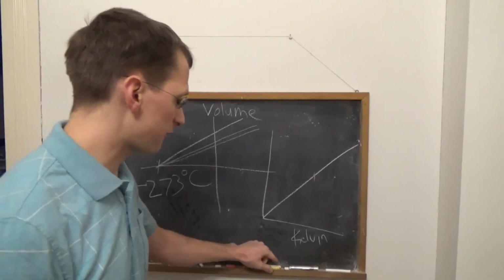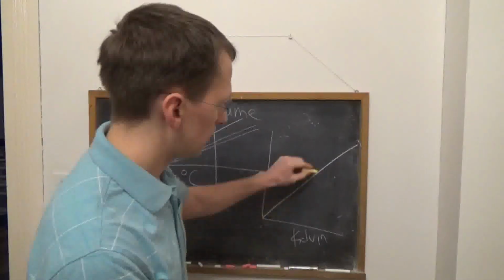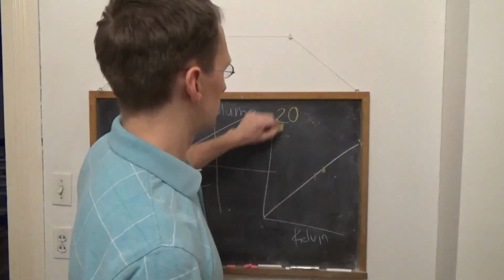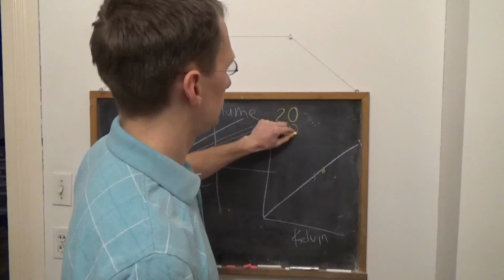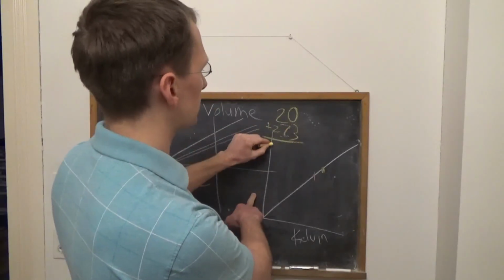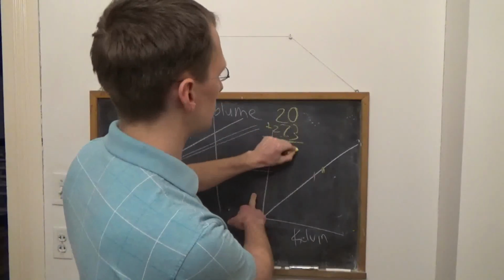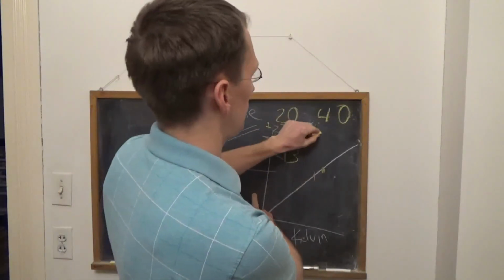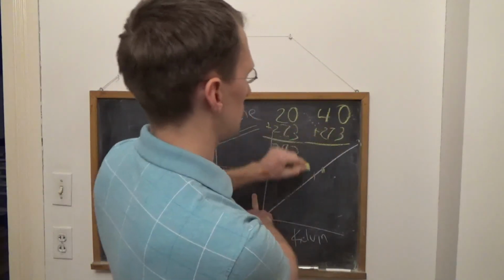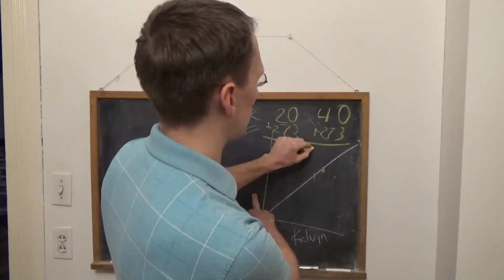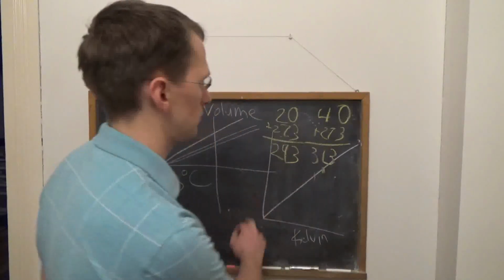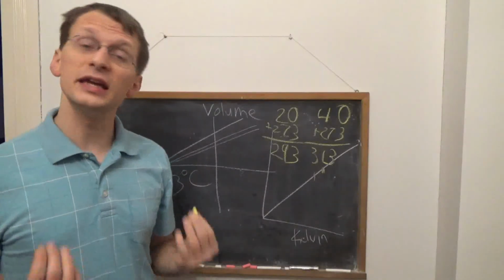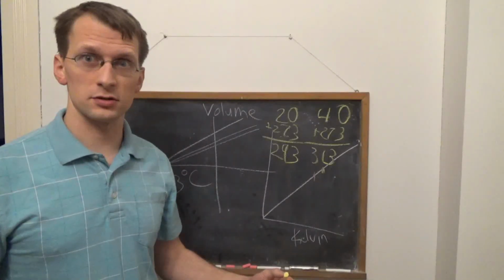And if we double that to 40, that would only put it about here. Right? Because 20 plus 273, you're looking at 293. Doubling it would be 40. Adding 273, we're only looking at 313. So it's not that much of a difference on the Kelvin scale, even though it is doubling the temperature on the Celsius scale.